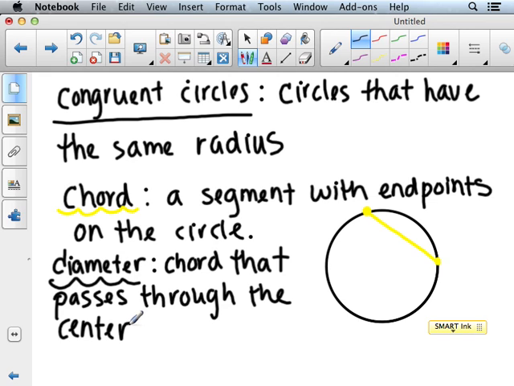I'll do that in blue. So if this is my center, I could draw a diameter that goes through the center. Okay, so it's a chord, it has endpoints on the circle, and it passes through the center. That makes it a diameter.